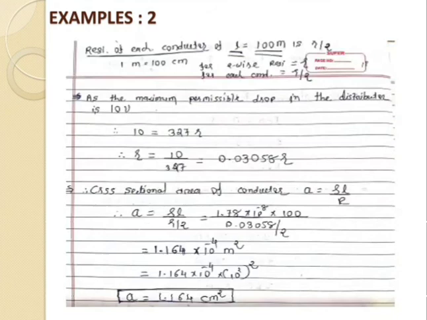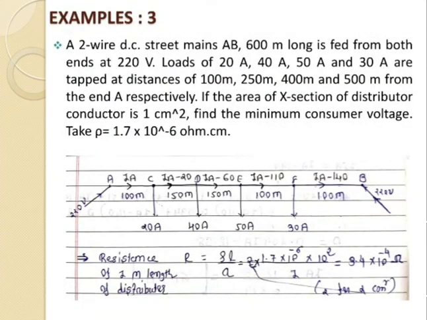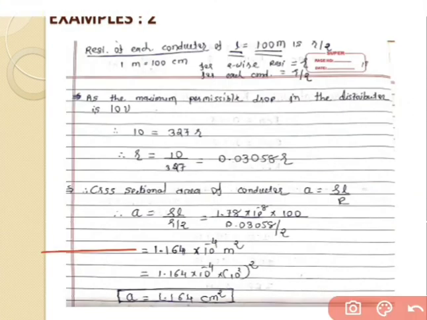R is 0.03058 divided by 2. So we get the answer 1.164 into 10 to minus 4, in terms of meter square.